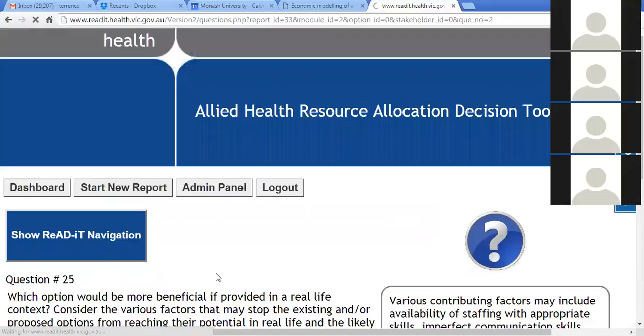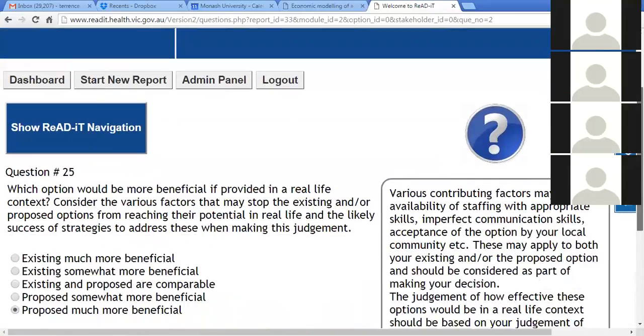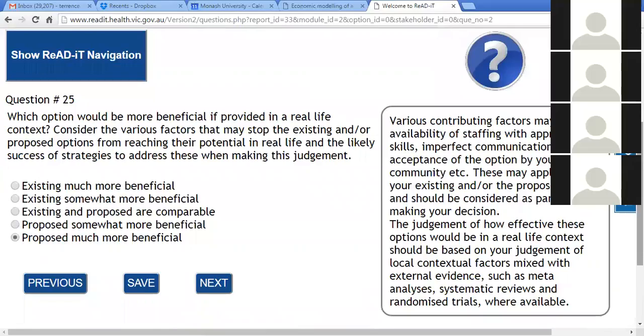Next question, 25. Which option would be more beneficial if provided in real life? So this is now taking into account all the problems that might have taken place with trying to provide the existing service in real life, but also the problems that you're anticipating encountering with the new service coming up.